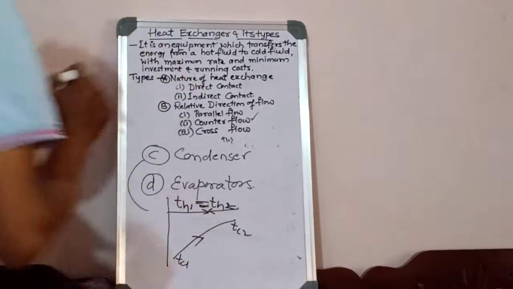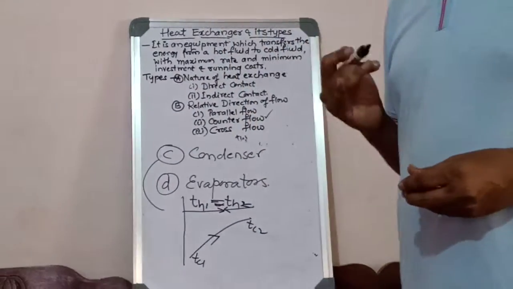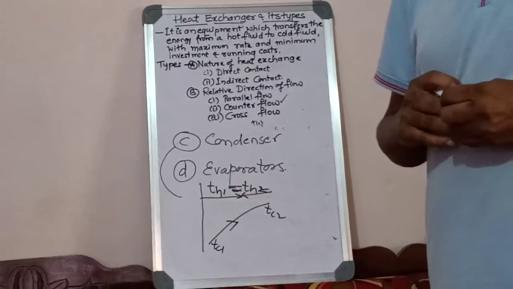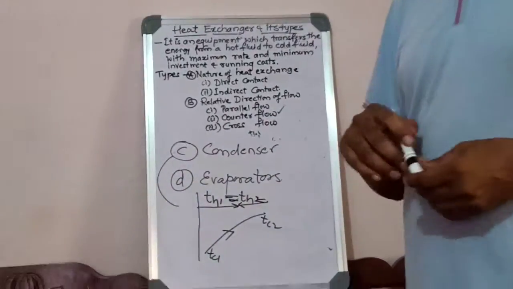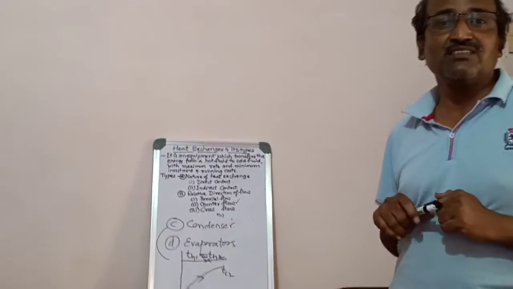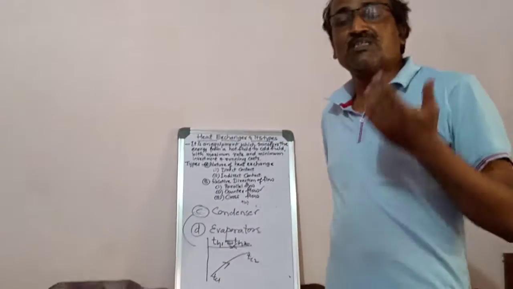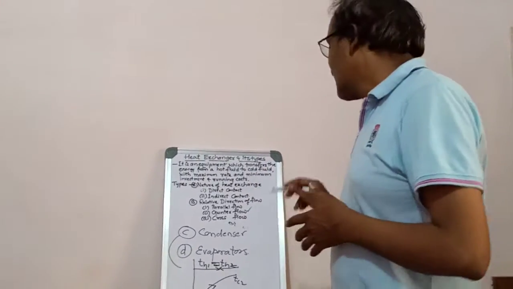That is called a condenser: the vapors are converted to liquid without changing the temperature. That is the ideal condenser. What is an ideal condenser? The temperature of the vapor and the temperature of the liquid after condensation should remain the same.